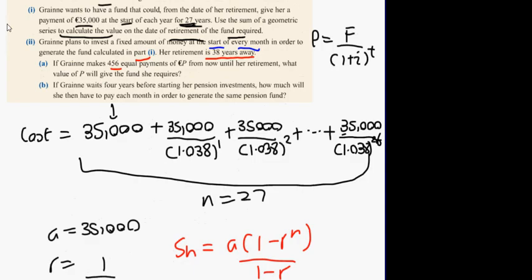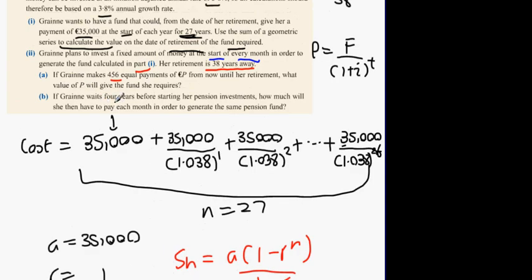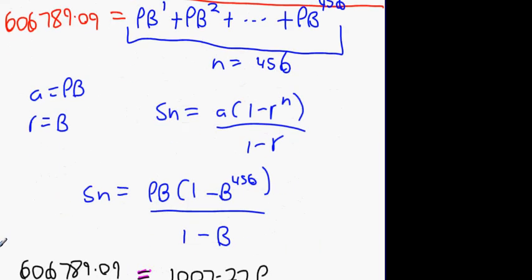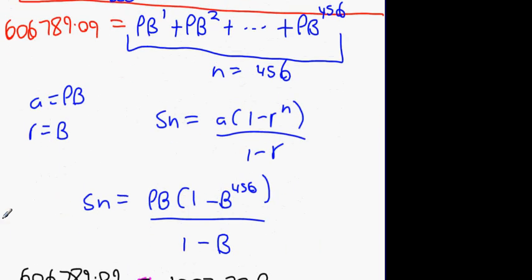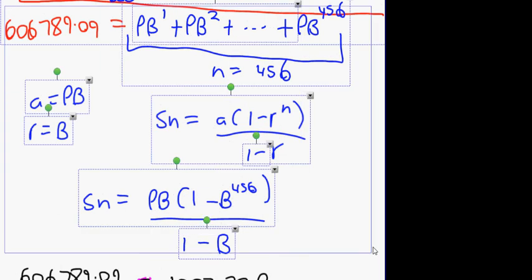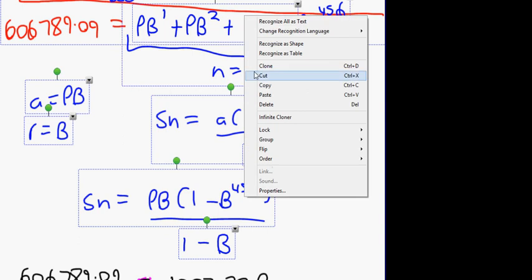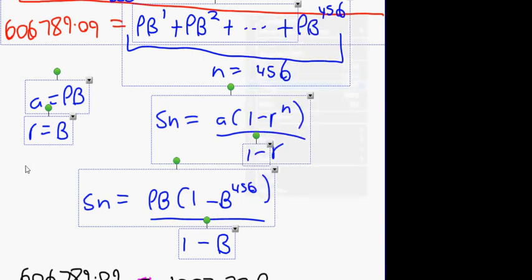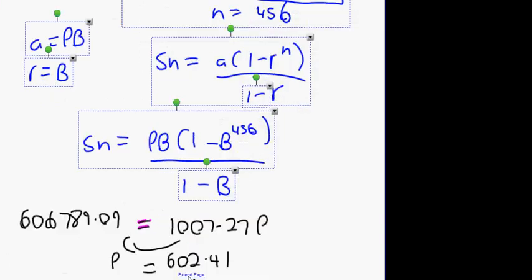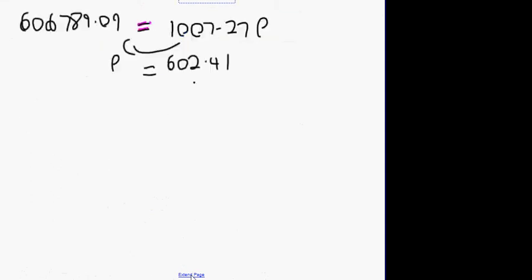Okay. Now the part after that: if she waits 4 years before starting her pension investment, how much will she then have to pay each month in order to generate the same pension fund? Well, what I can basically do here is copy all of part 2, and I have to do 4 years less.